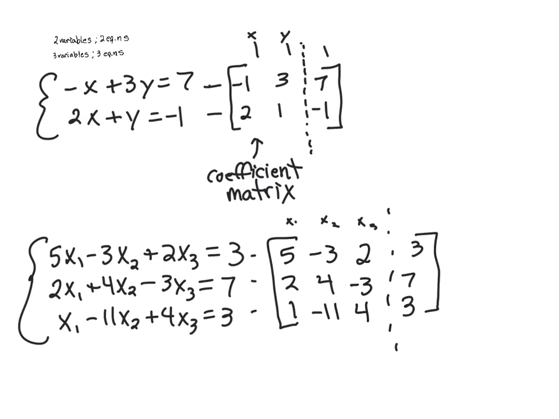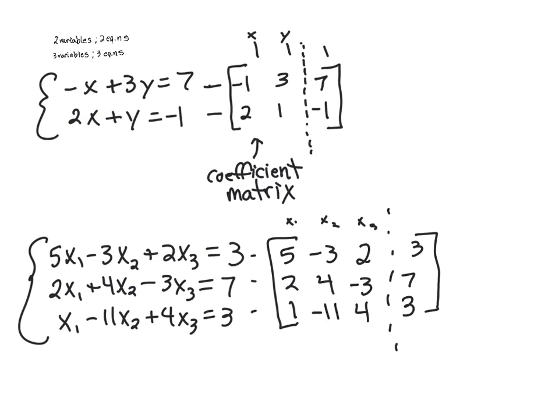You can even wait till the very end to get a 1. Because if I have a 1 right here and 0s here, then me working with these 2 rows isn't going to change that, okay? So it could be a 5 or a 1 or a negative 72. It doesn't matter. I can always wait till the end and divide through by whatever that number is to get my answer.